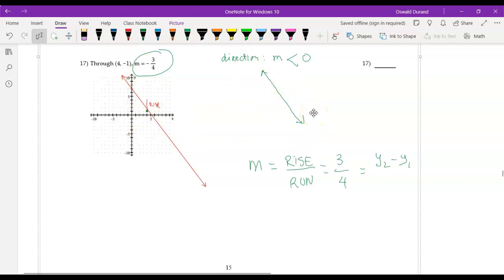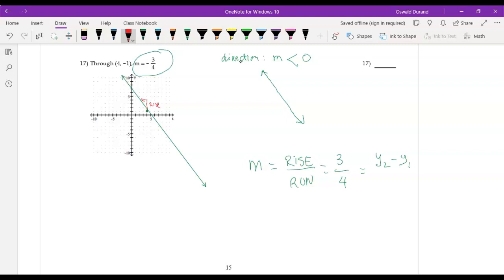Then I have to go to the left to find my second point. I want to change the color of this because, okay. So I have to go to the right, right? No, I have to go to the left, I'm sorry.